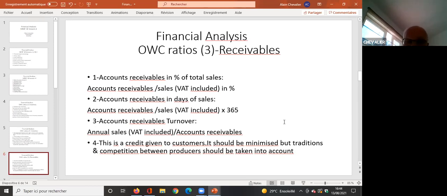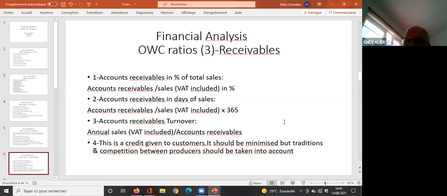customer relations and an increase of sales or reduction in sales, and on the other side, financial management, which is of course better in the first analysis when you reduce the amount of accounts receivable. So turnover is an interesting measure also, but be very careful with what you decide.